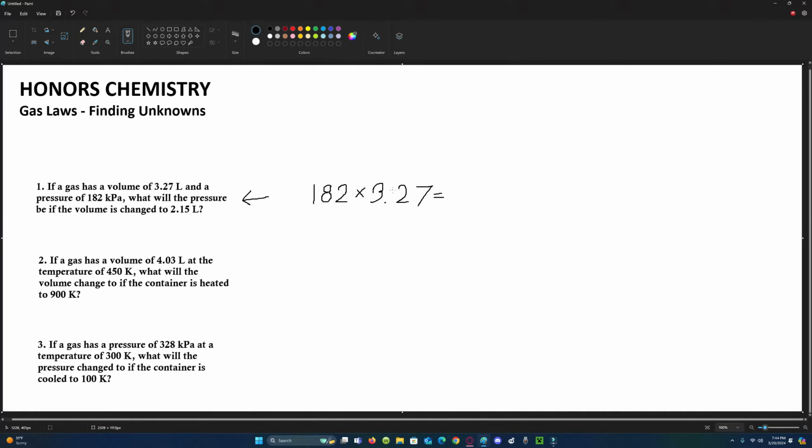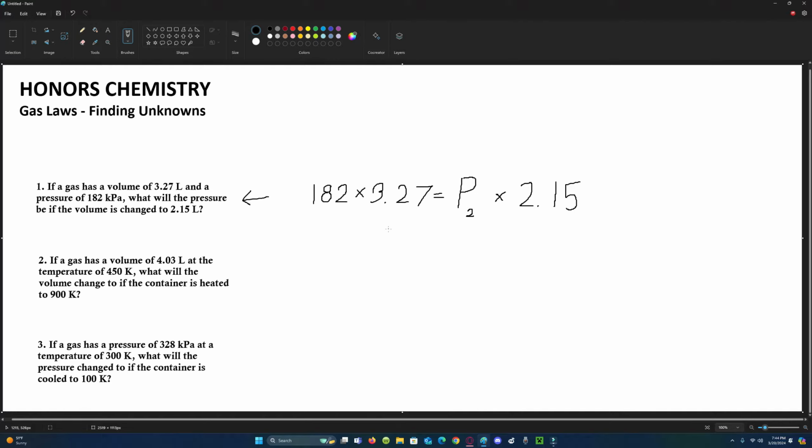Then the question is asking, what will the pressure be if the volume is changed to 2.15 liters? So we do not know the pressure, but we do know the volume 2.